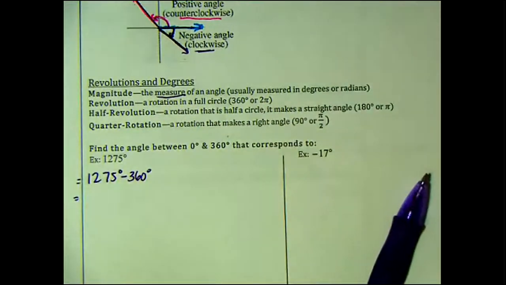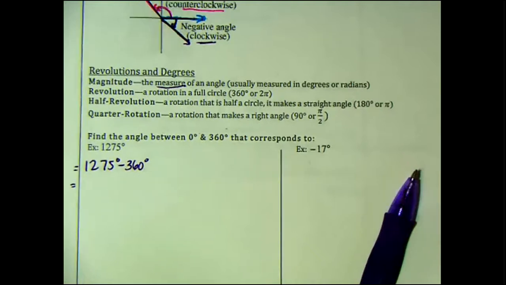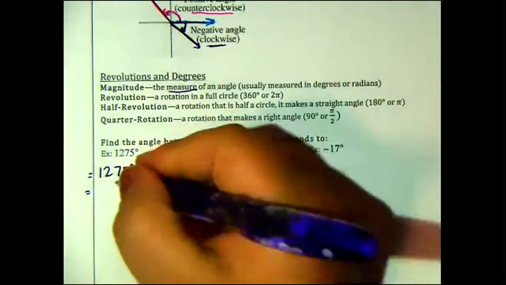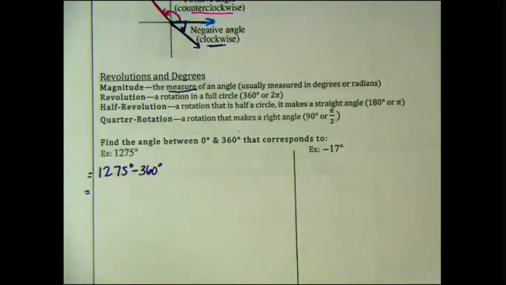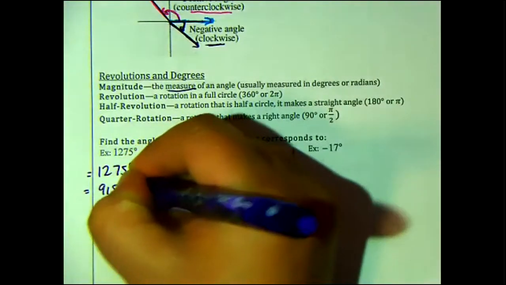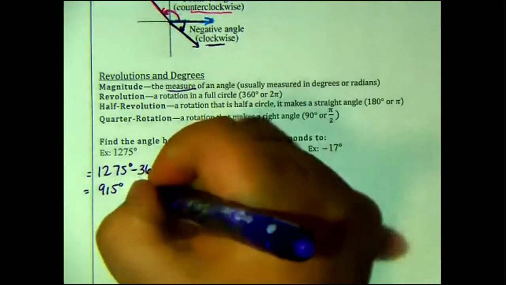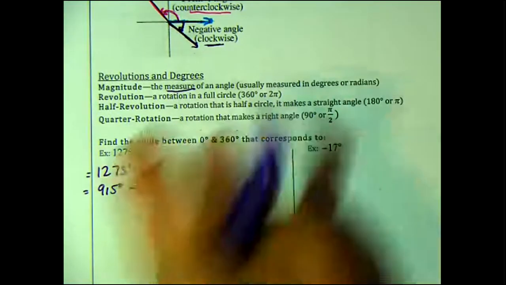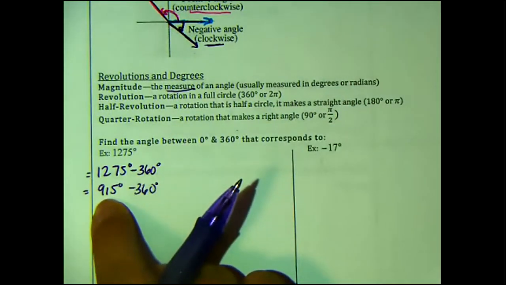hold on. Okay, that is silly of me. There we go. So that leaves me with 915 degrees. And then I'm going to subtract another 360 because this is still greater than 360.